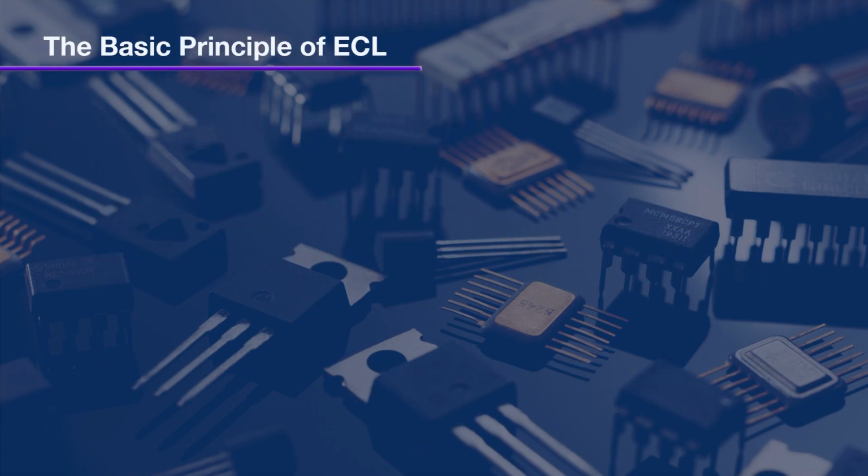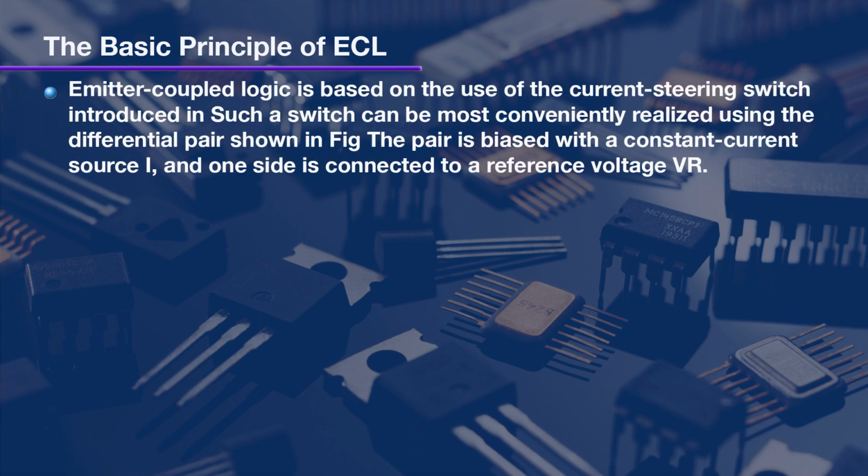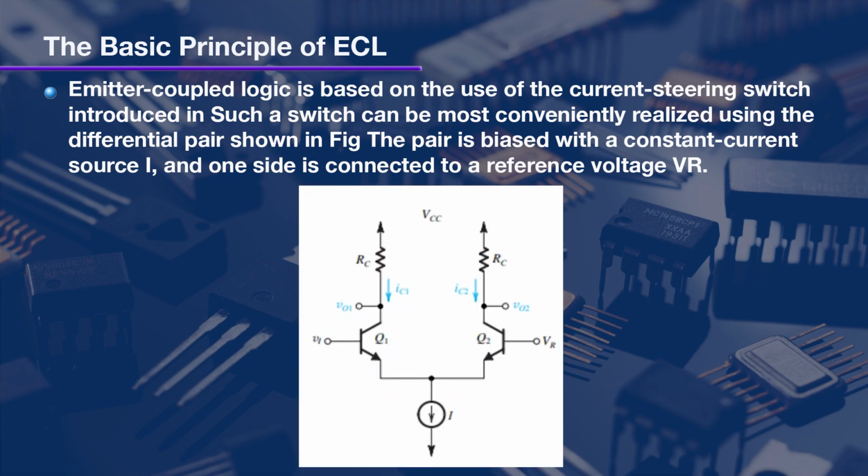Now we discuss the basic principle of ECL. Emitter coupled logic is based on the use of the current steering switch. Such a switch can be most conveniently realized using the differential pair shown in the figure.